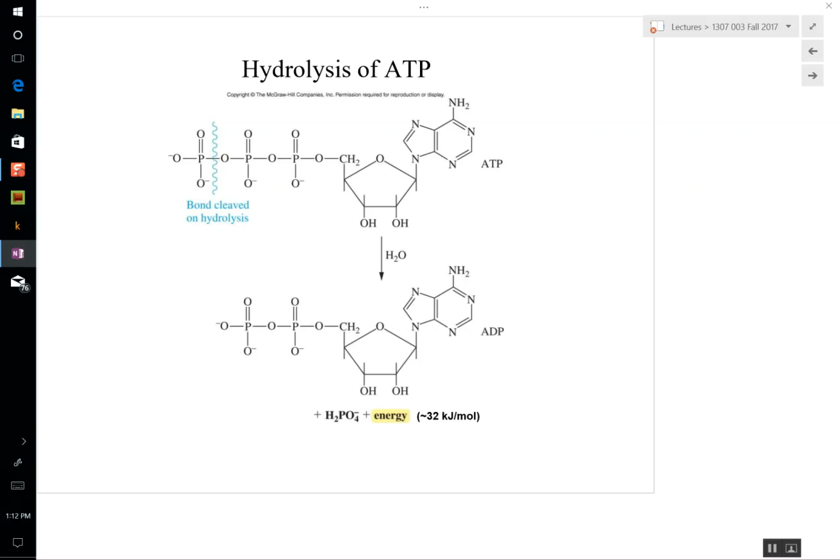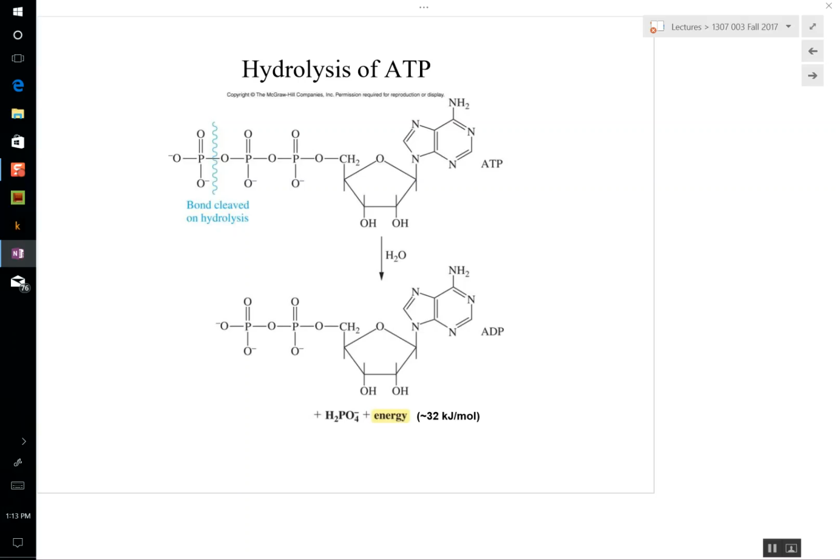During the day, the body will make about 100 pounds of that during a day. So don't get confused here. It doesn't mean you are mostly ATP. It means at any point in time there's ATP being made, it's being converted to ADP, it's being converted back to ATP. At any point in time you might have a half a pound of this stuff in your body.